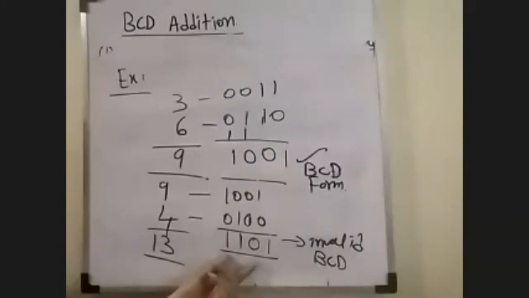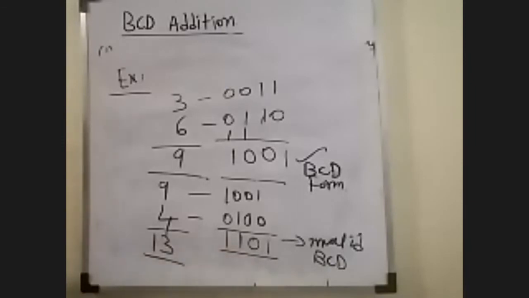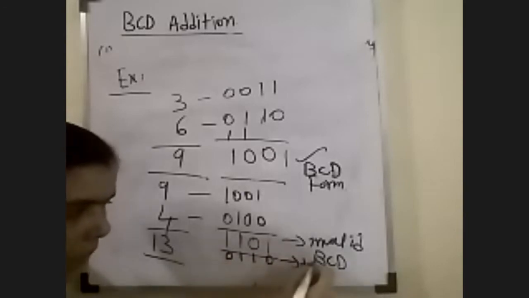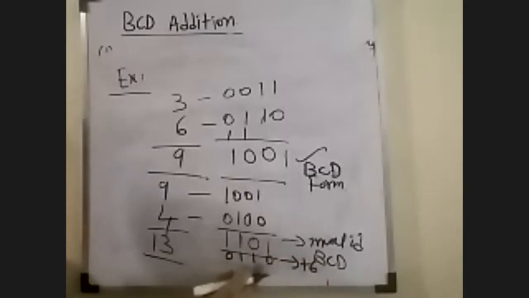Then what is the fourth step? To correct the invalid sum, add plus 6, that means 0110. I will add the plus 6 value, that is 0110.